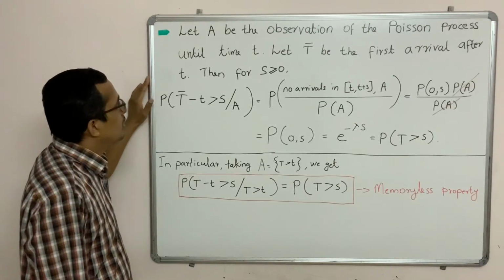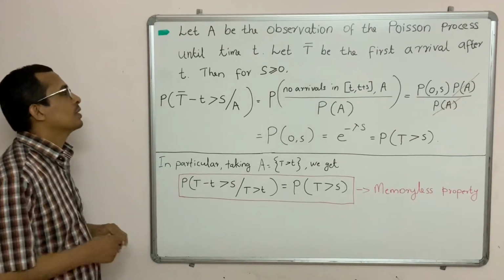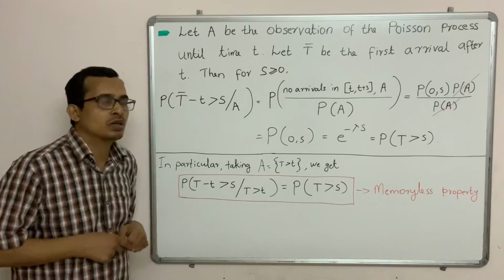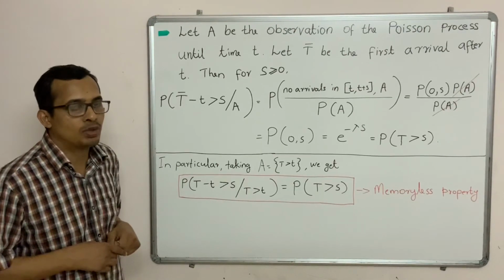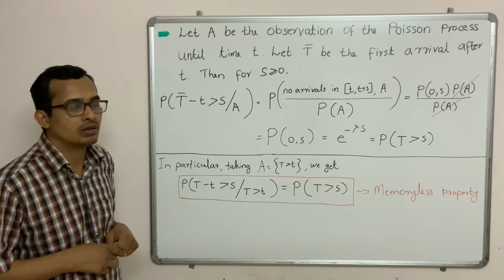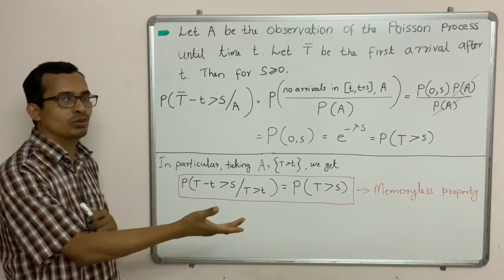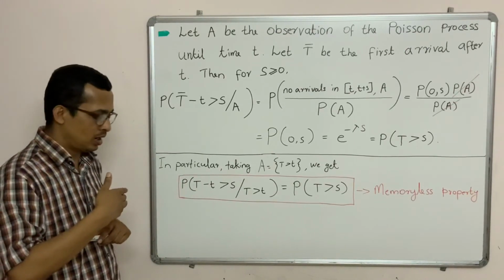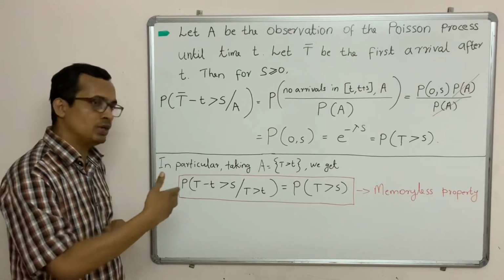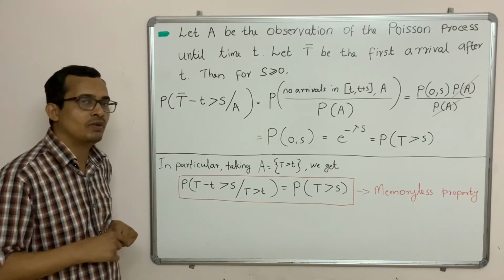Then, after observing the process up to time t, let t bar denote the time of the next arrival after time t. We are not counting the first arrival from 0 onwards; we are counting the arrival time after time t. From t onwards, you see when the next arrival happens.